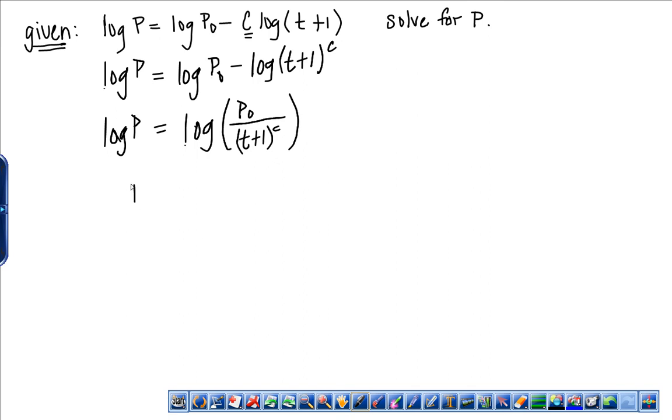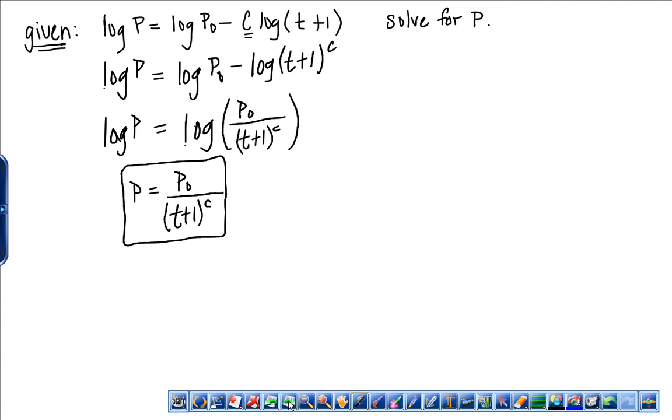So I have p is equal to p naught over t plus 1, all that raised to the c power. And this is solved for p. So basically, you could manipulate this formula from here and solve for p naught or whatever you wanted to do.